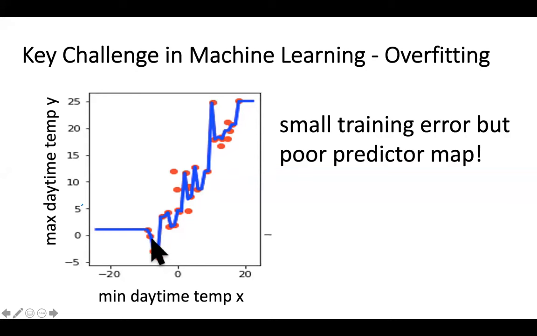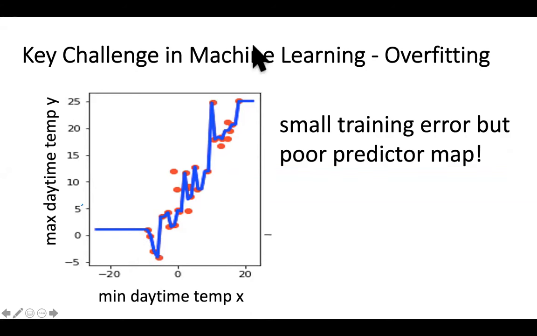So would you use this blue curve as a predictor for the maximum daytime temperature based on the minimum daytime temperature? No. Why not? Well, on the left side here, this predictor never predicts a negative maximum daytime temperature, even if the minimum daytime temperature is very cold. So it seems this doesn't make sense.